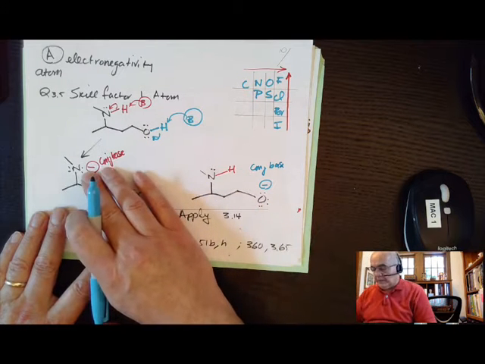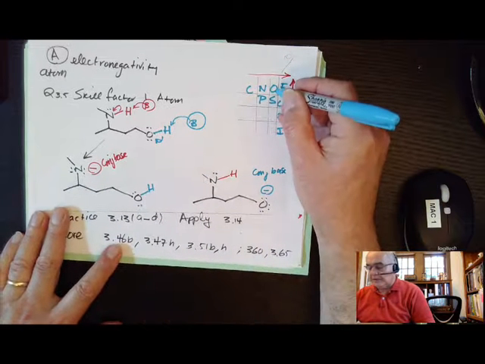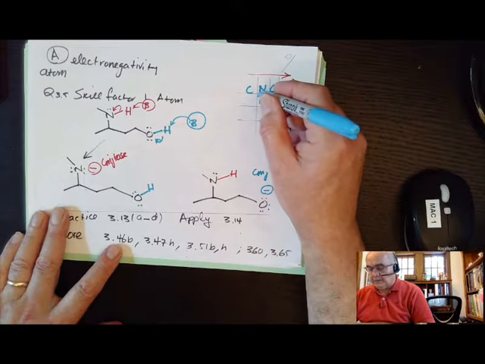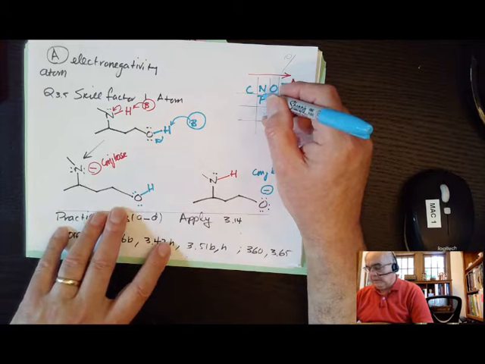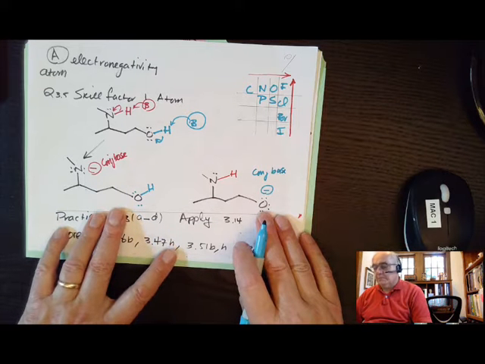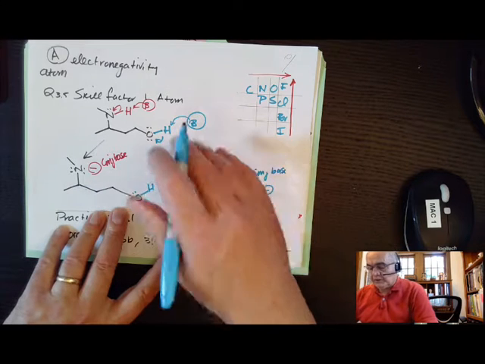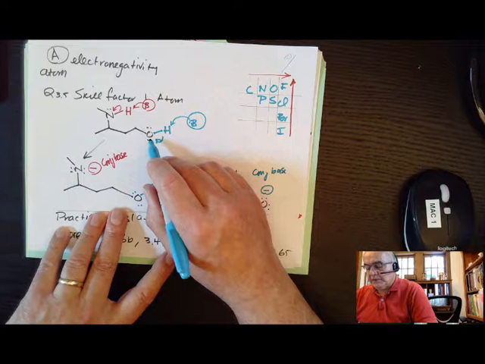Now we know oxygen is more electronegative than nitrogen. If I compare O minus to N minus, O minus is going to have an easier time carrying the negative charge. Hence, the proton attached to the O would have a little bit easier time to leave.